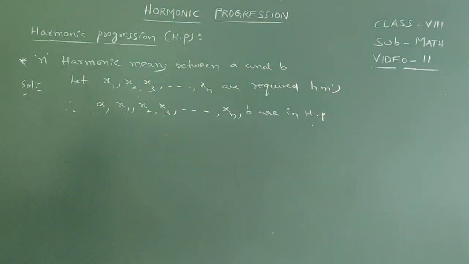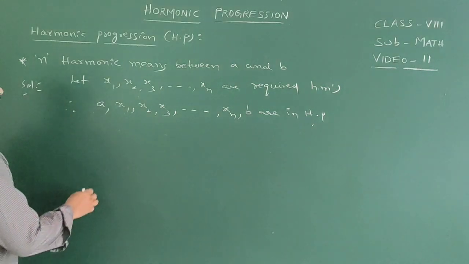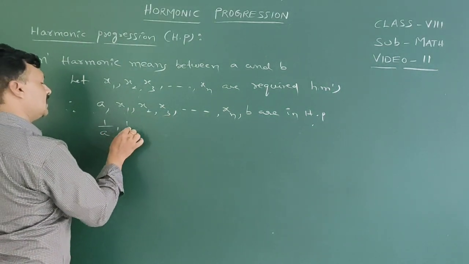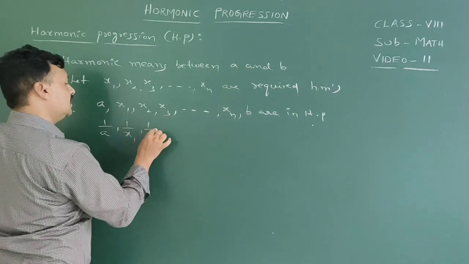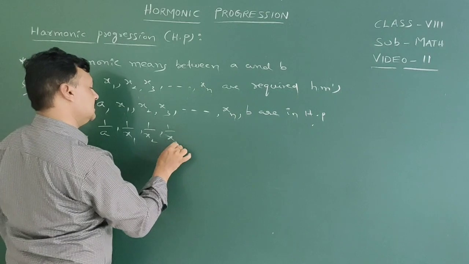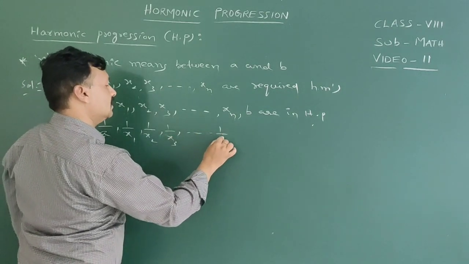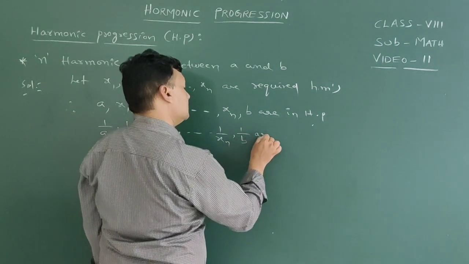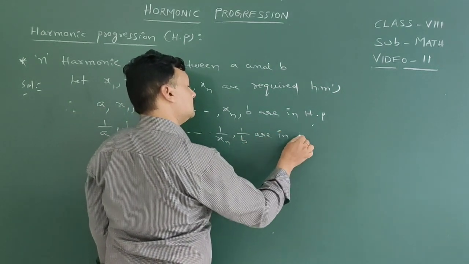We don't have any formula for finding this given problem, that's why we need to convert in terms of the AP. Then 1 by A, 1 by x1, 1 by x2, 1 by x3 and so on 1 by xn, 1 by B are in AP.